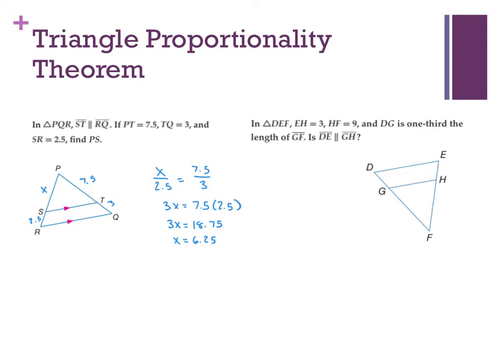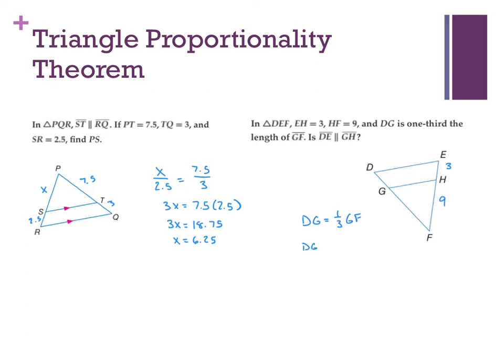Now we're told that EH is 3 and that FH is 9, or HF is 9. Okay? Then we're told that DG is 1/3 the length of GF. So DG is equal to 1/3 of GF. Well, if you think about it, this problem is nice because they already gave us the reduced ratio of DG and DF.